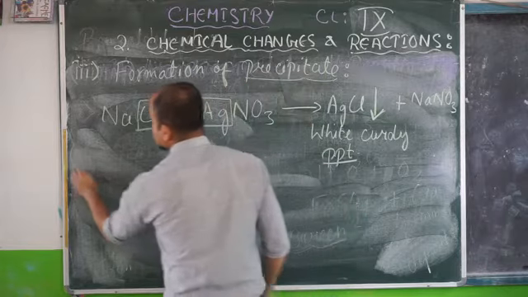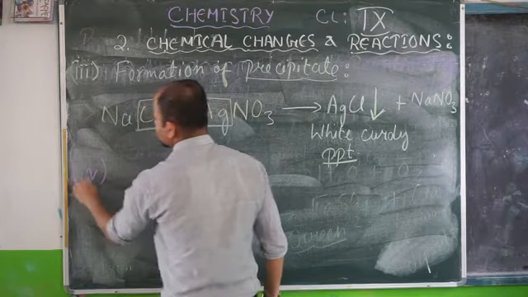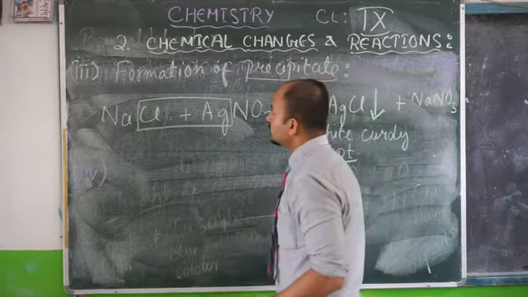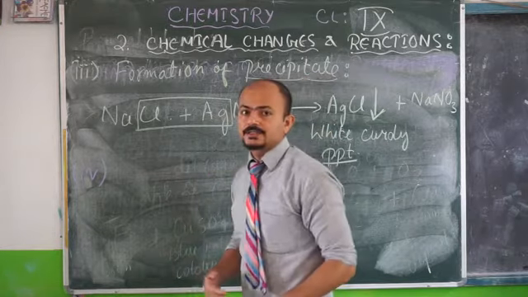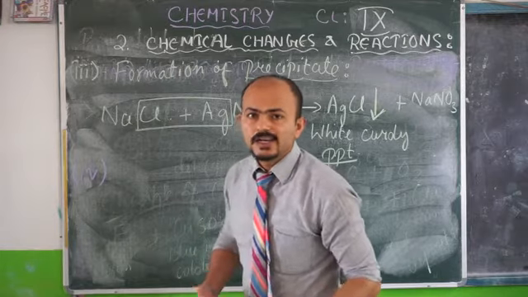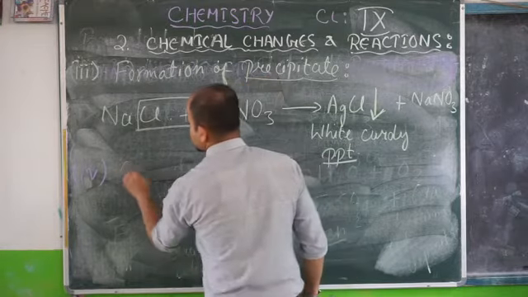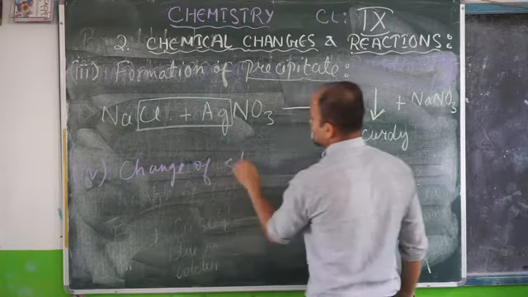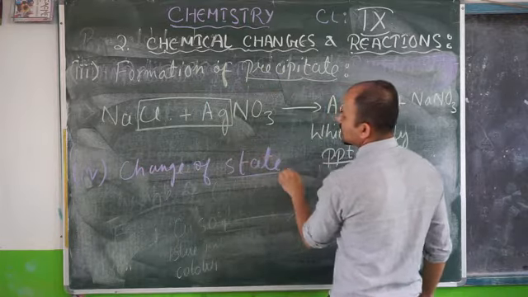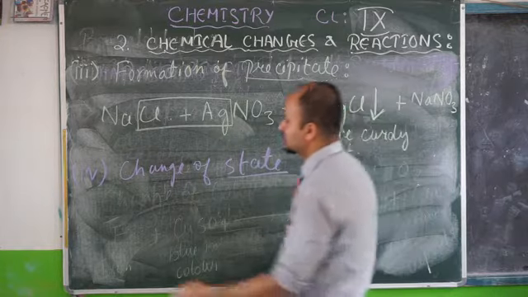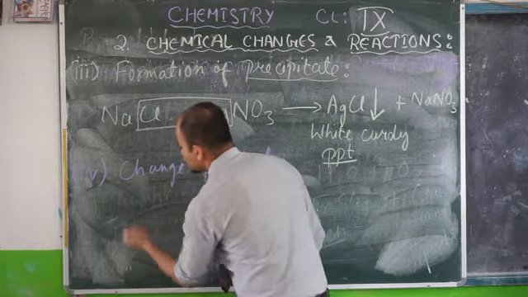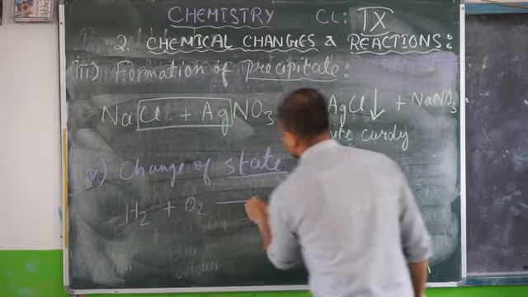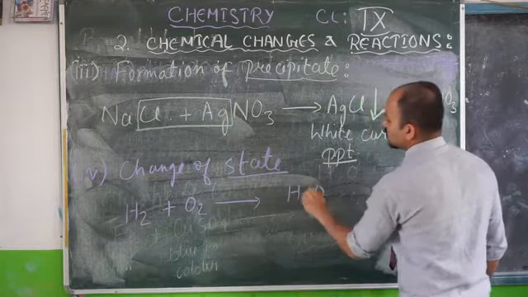The fourth characteristic of a chemical reaction is what? It's change of state. Change of state of the substances. Like we have already discussed, H2, O2 giving you water molecule.